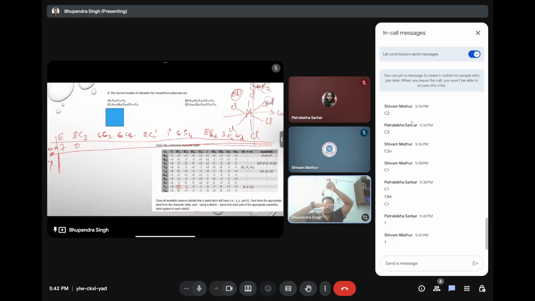However, if the C2 is this, then let's say this is 1, and for C4 it's 3, and for C2 it's 3, 1, 1, 1, 5, and 3.